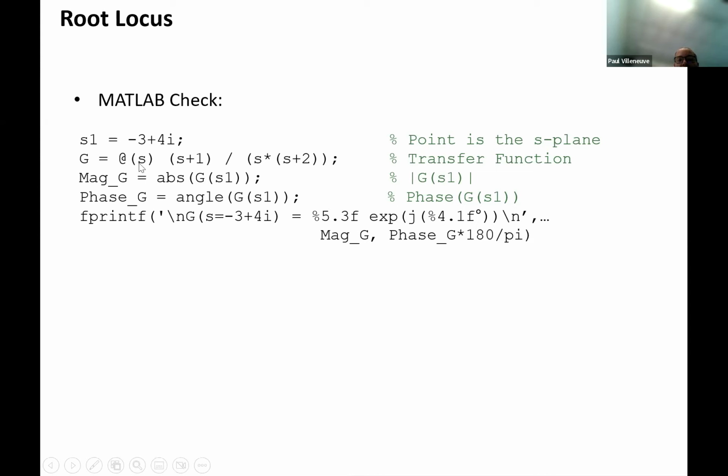So basically it's saying, I've got a variable here, and you can use that variable to solve for this equation for G. Then I plug in the value I'm trying to solve for, in this case s equals 1, into this expression. And we calculate the magnitude and the angle. And this is just some fancier printing. I actually did this in MATLAB where it got a little bit easier.